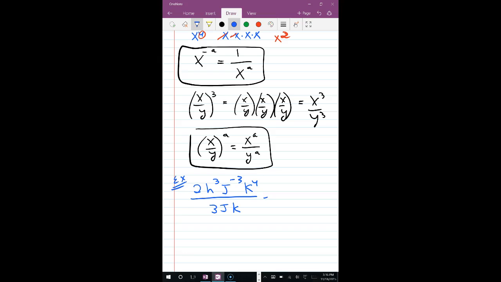Now, there's nothing we can do with the 2 and the 3, so they're going to stay. There's no other h, so the h to the cube stays.